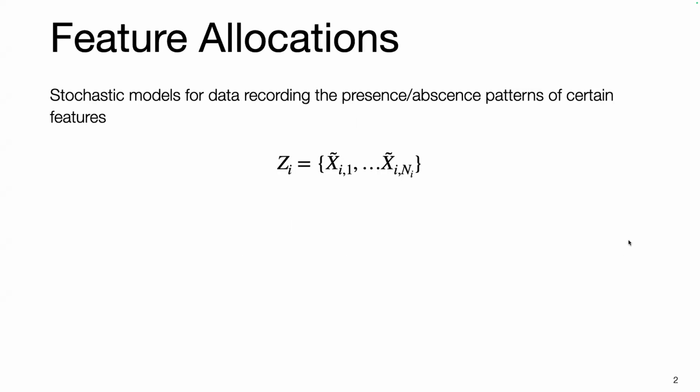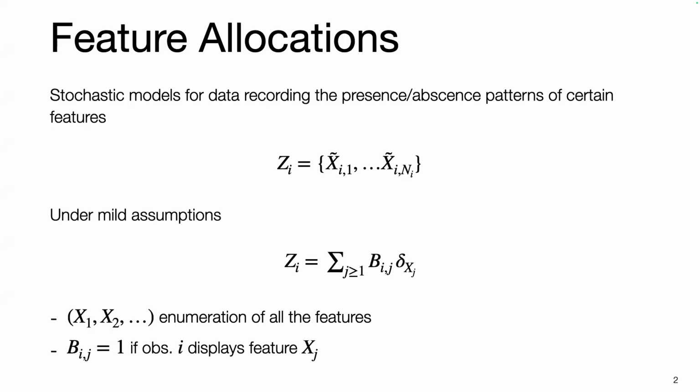So a feature allocation is a stochastic model that we use when we have data recording the patterns of presence or absence of certain features. So this means that each observation can be described by a set of the features that it displays, here called x tilde i from 1 to n_i, where n_i is the number of features of observation i.